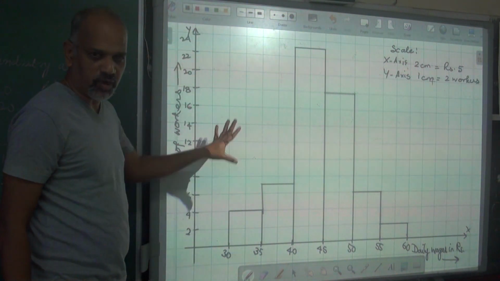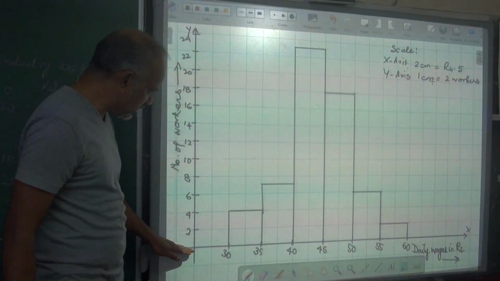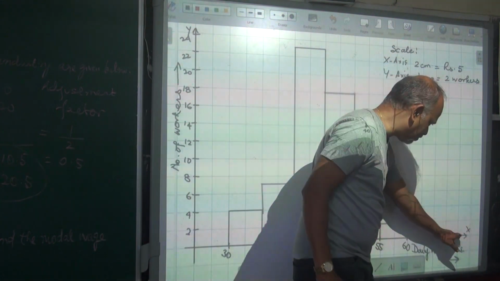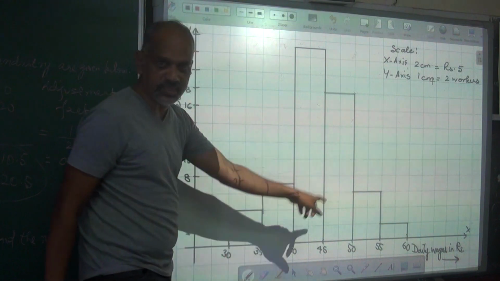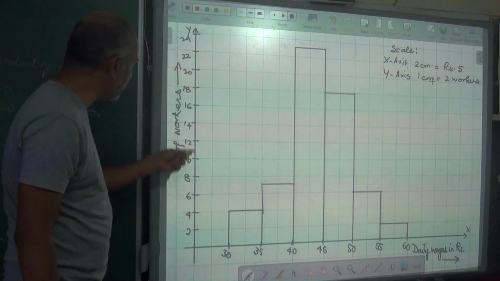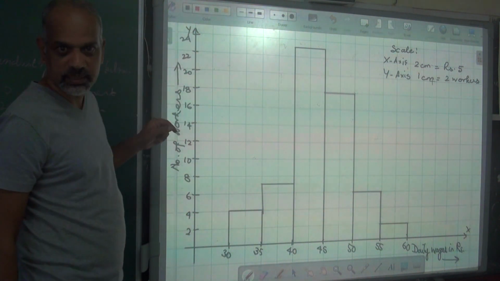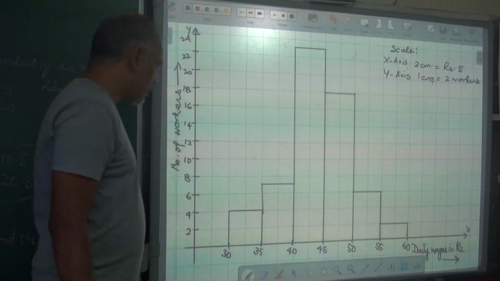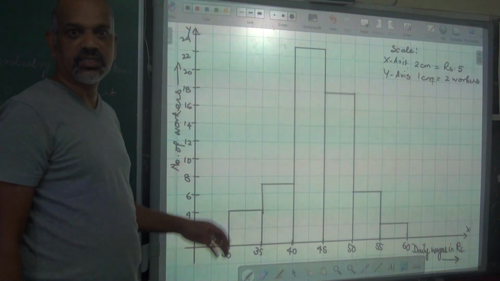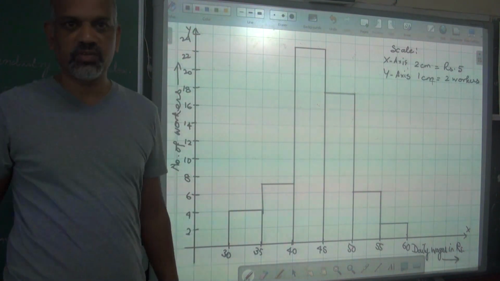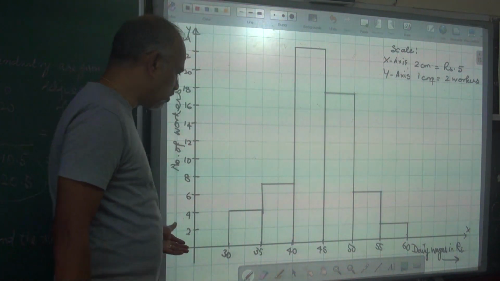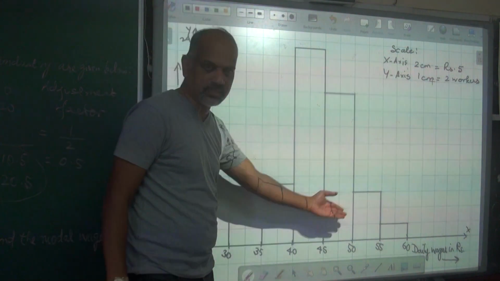If you look at the graph, I have already drawn the graph. This line here is your x-axis. If you notice this, there is an x here, showing that is the x-axis. And this line here is the y-axis. Now, as I told you, whatever is the class interval, that is starting from 30 to 35, 35 to 40 and so on, all those have to be plotted on the x-axis, this one.